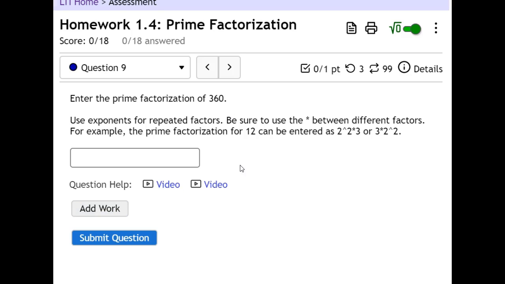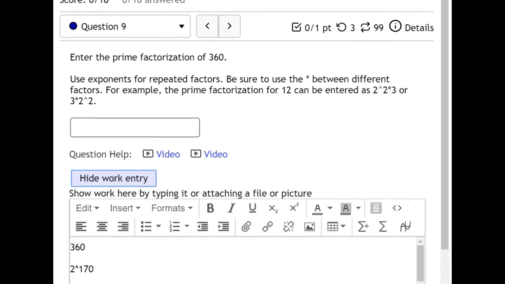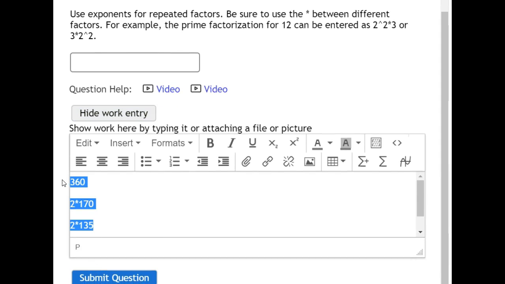If we want to show our work for finding the prime factorization, we just have to click on this Add Work button here. That opens up this form, and it won't have all this stuff in here yet. It opens up a blank form, and there are different ways you could show your work.